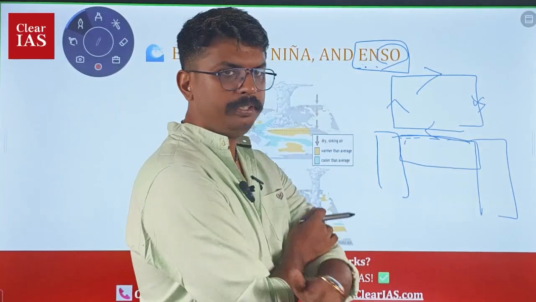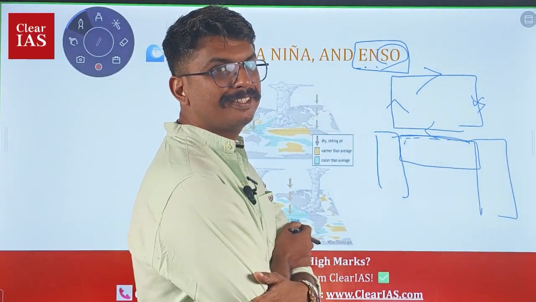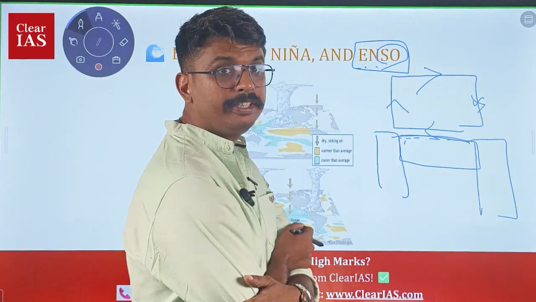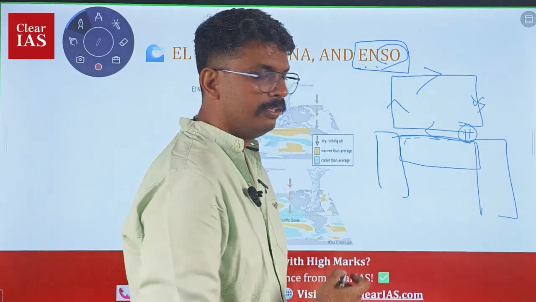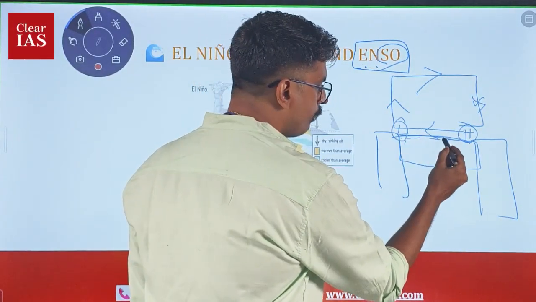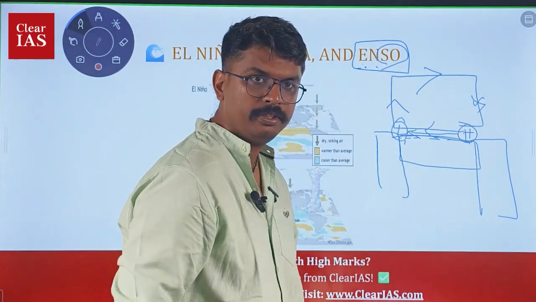Where is the high pressure? South America. Very good. And where is the low pressure? Australia. Now winds will blow along the ocean surface from the high pressure to the low pressure.